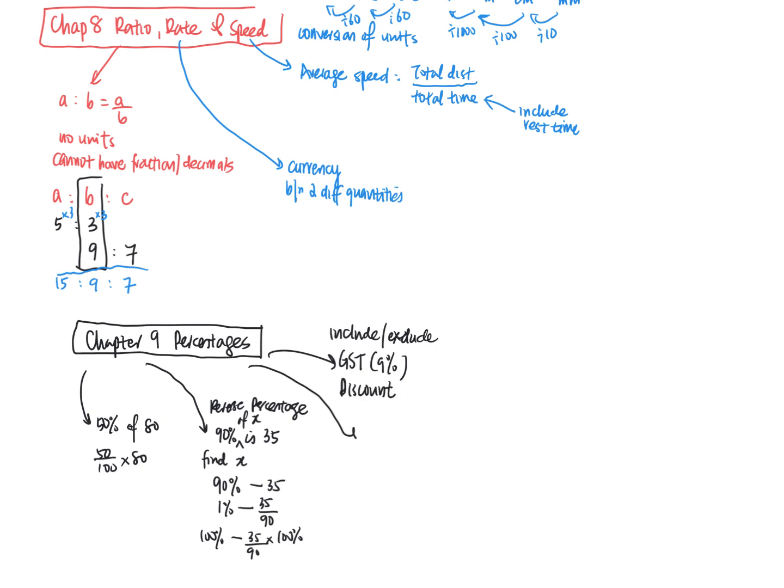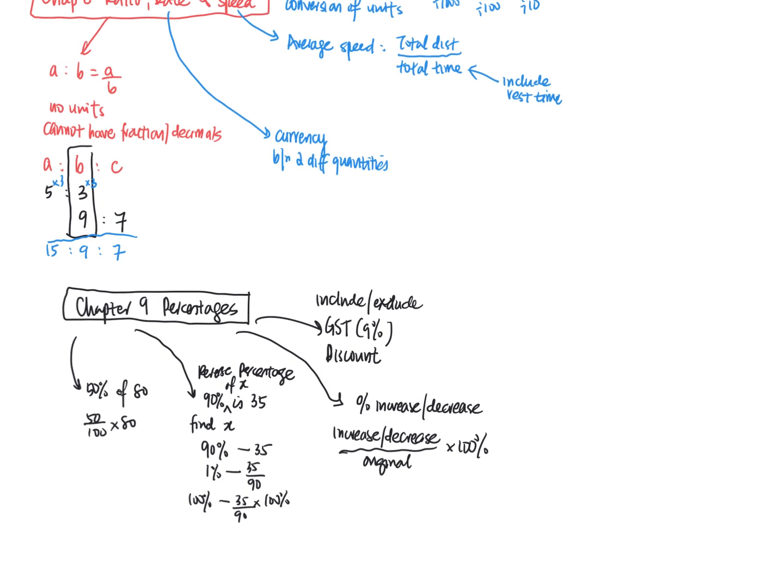Okay, there's also one more formula, which is the percentage increase or decrease. So you always put the increase or the decrease over original times 100%. Okay, so I'm telling you the overview so you can remember what are the different things that we will test you. The examples are from the past WA paper I give you.